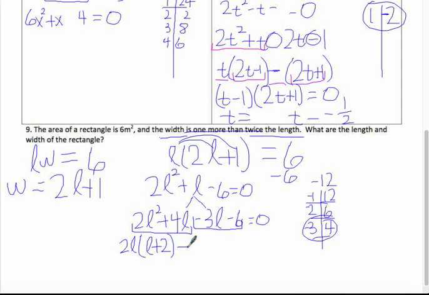So minus 3 times L plus 2. Which gives us our factors of 2L minus 3 and L plus 2.